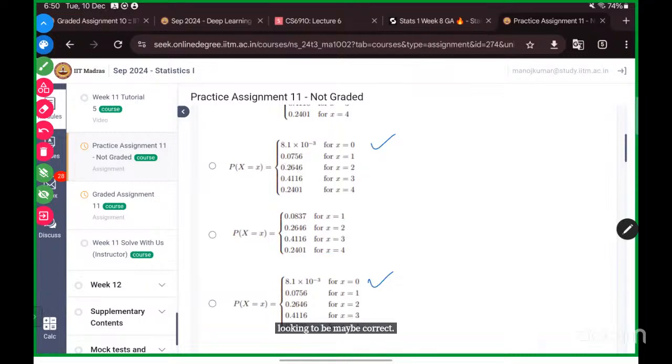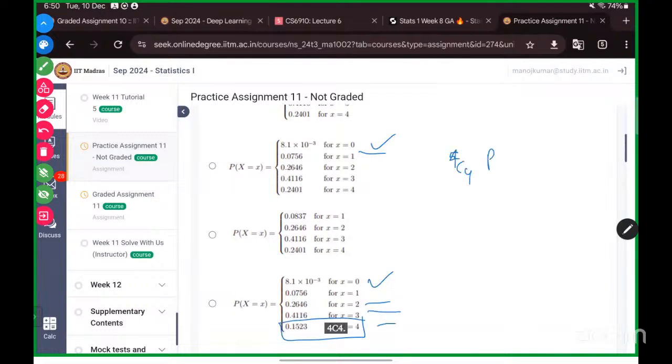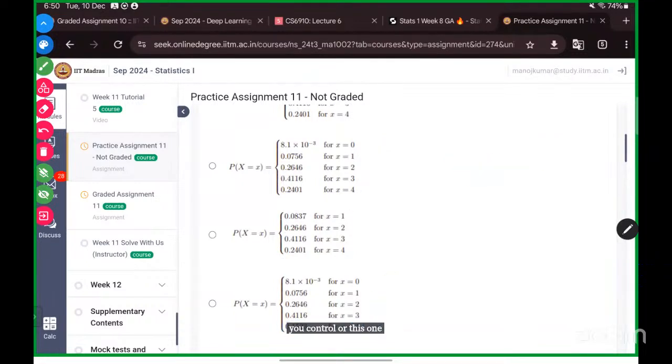Now you don't need to solve for the second one, which is already the same. Third is also the same. Fourth is also the same. So just need to figure out what is the last one, right? Which is 4C4, 0.7 power 4 and then 1, right? That power 0 is going to be. So if you solve this, if you get this one, you can choose this one. You don't need to solve all of them.